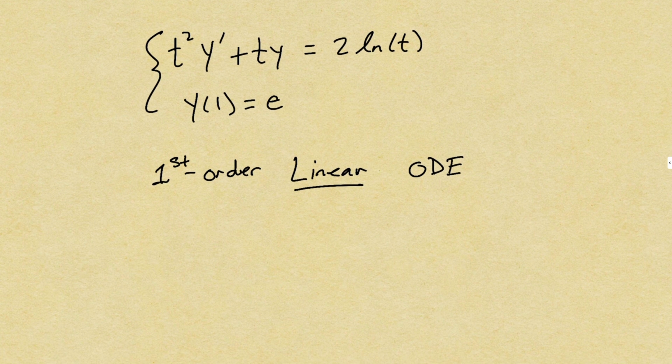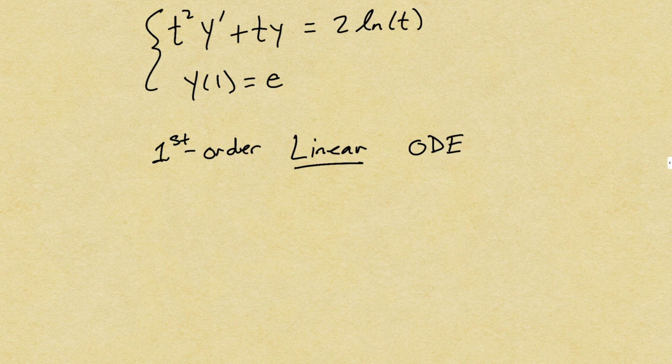Now that we've classified it, we know how to tackle it. How do we solve first order linear equations? The way we always do that is with integrating factors. But first it needs to be put into standard form. So standard form for a first order linear ODE looks like this. I'm going to use y and t again to match our problem.